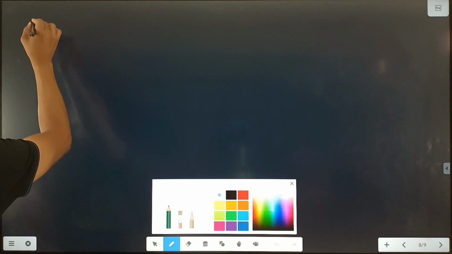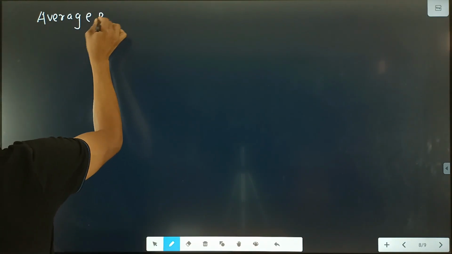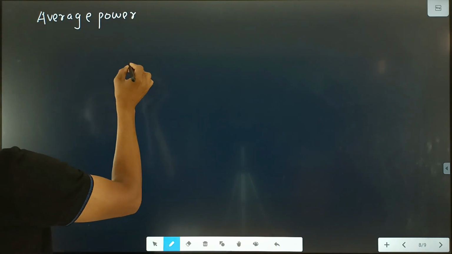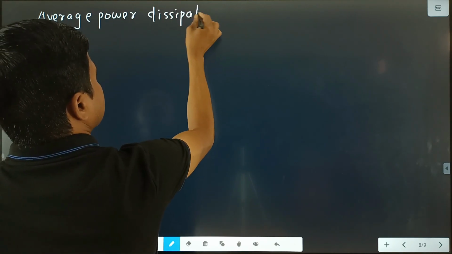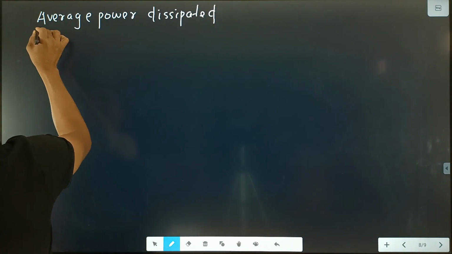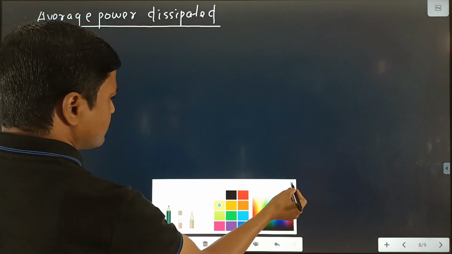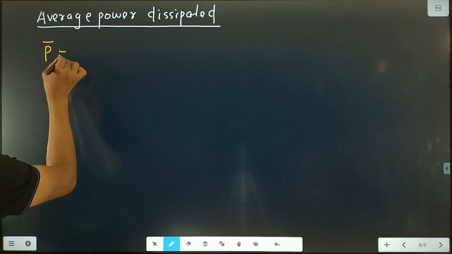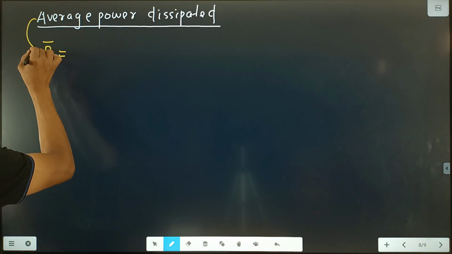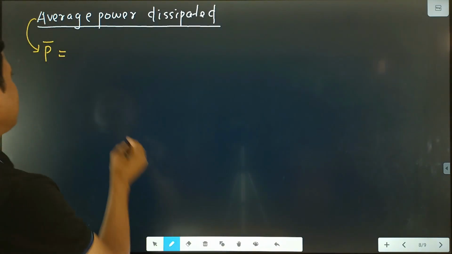Next we calculate its average power supplied, or we write average power dissipated, that is also known as average power consumed. And for average power consumed we write P bar. P bar is the symbol of average power dissipated.